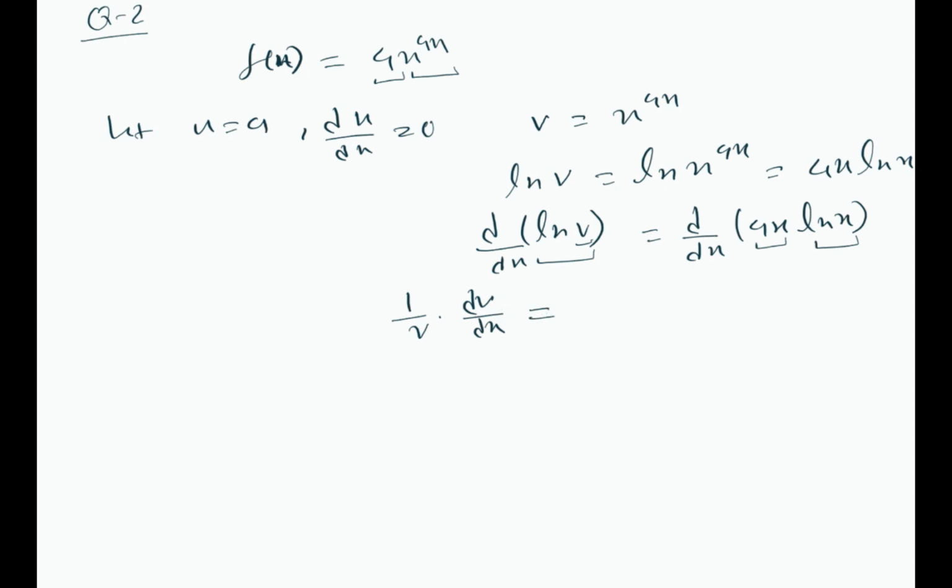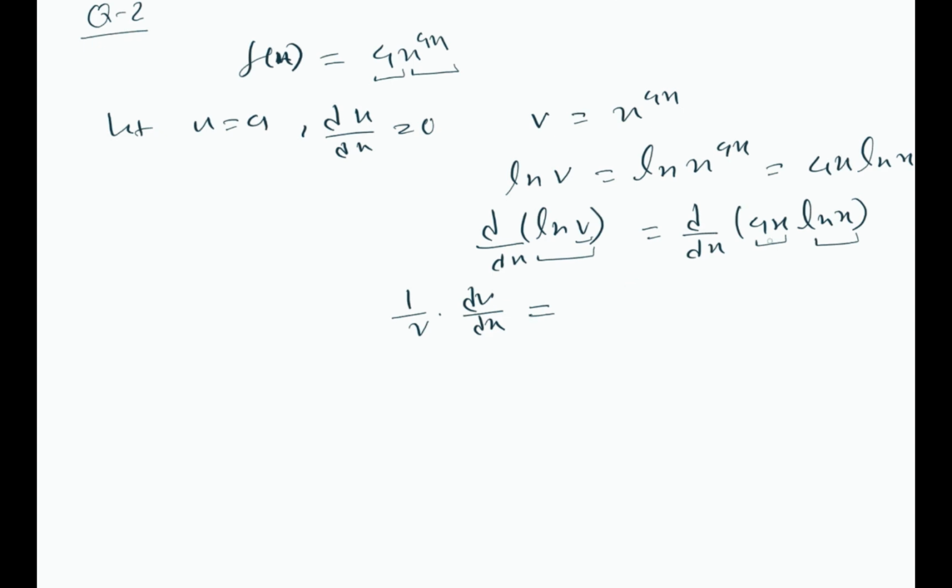So this is equal to, we need to apply the product rule. According to the product rule, first we take the derivative of u. Let's say our u is 4x, so its derivative is only 4, then we write the other function, ln of x, right?